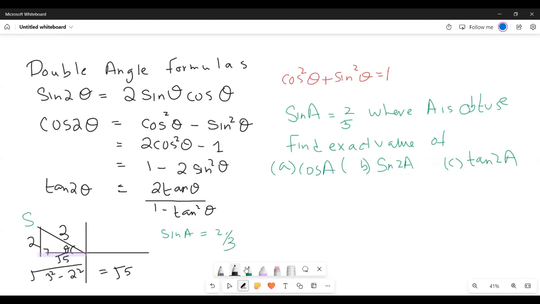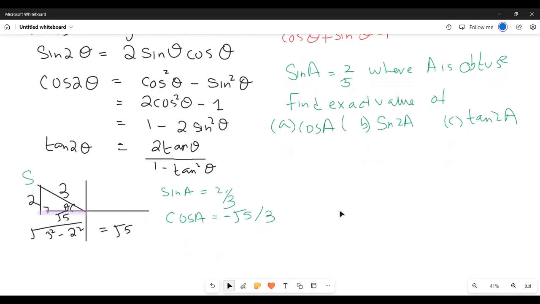Okay. So now cos A is going to be base over hypotenuse. Base is square root of 5. Hypotenuse is 3. However, this sign is negative because only sine is positive in the second quadrant. Similarly, tan A is perpendicular over base, 2 over square root of 5.